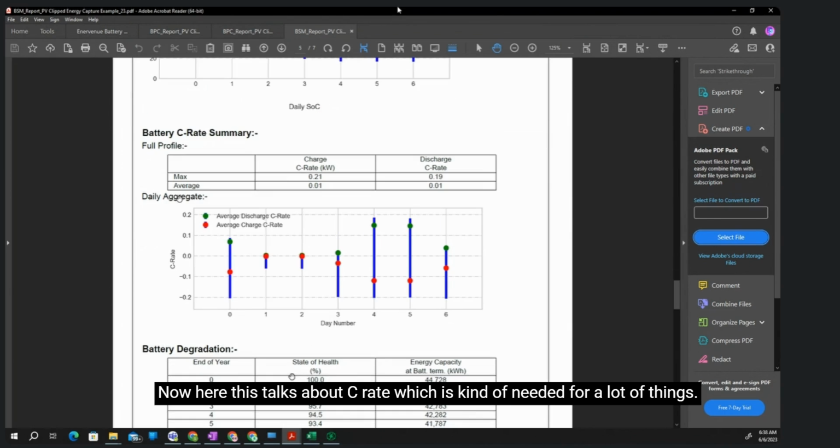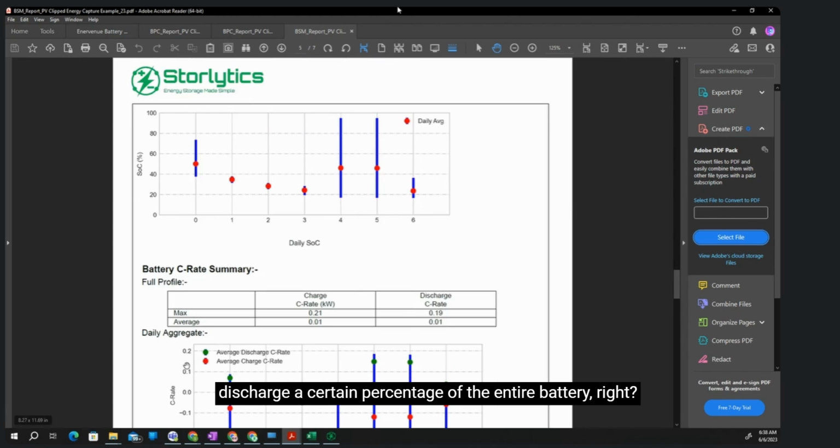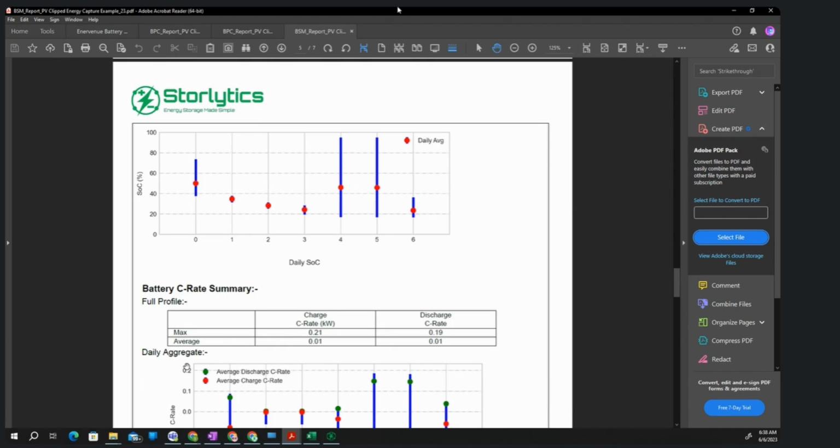Now, here this talks about C rate, which is needed for a lot of things. So that was the round trip efficiency, not the state of charge then. Because round trip efficiency means you can only discharge a certain percentage of the entire battery, right?